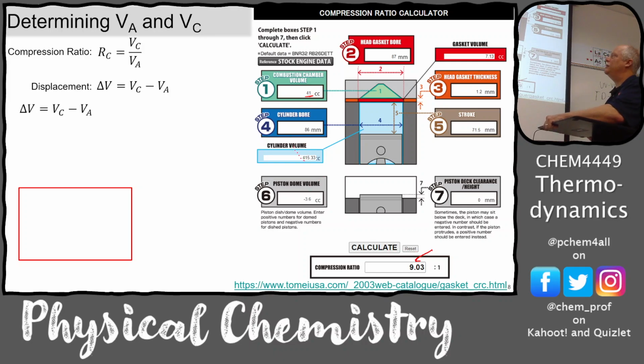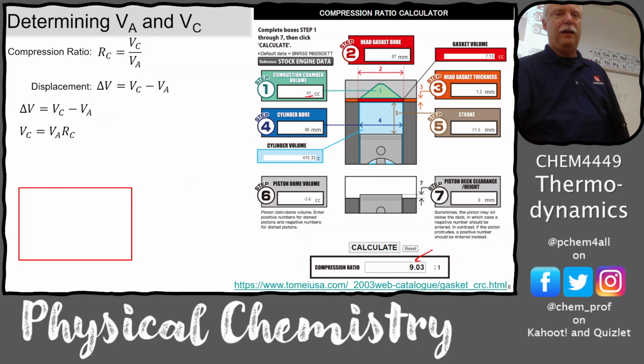And you know the displacement volume, the cylinder volume, and so then you can calculate your delta V, your VC minus VA, and so we have these two equations up here. Let's calculate now our VC and our VA.